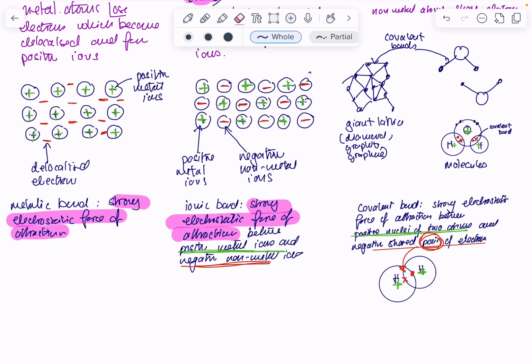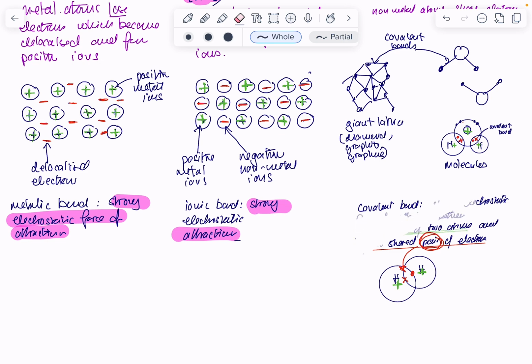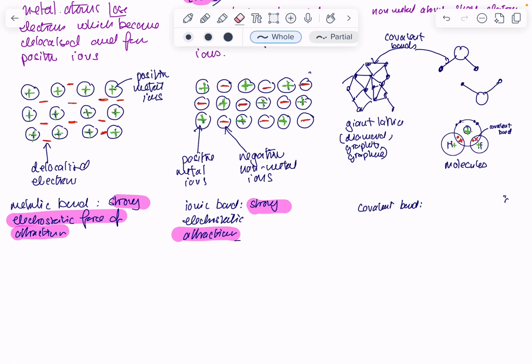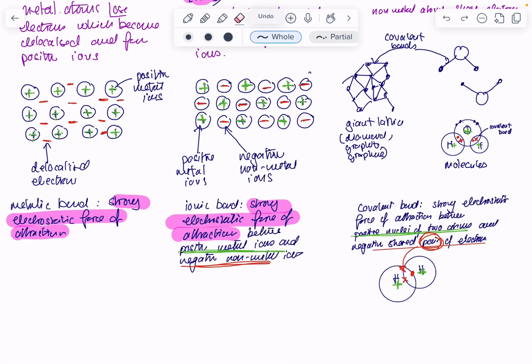So that's metal, so that's ionic, and that is covalent. So under your diagrams, a definition of each kind of bond. Pause the video and do that. Okay, check your work.